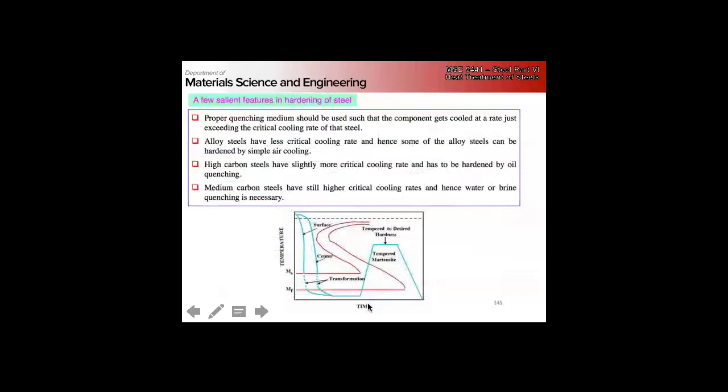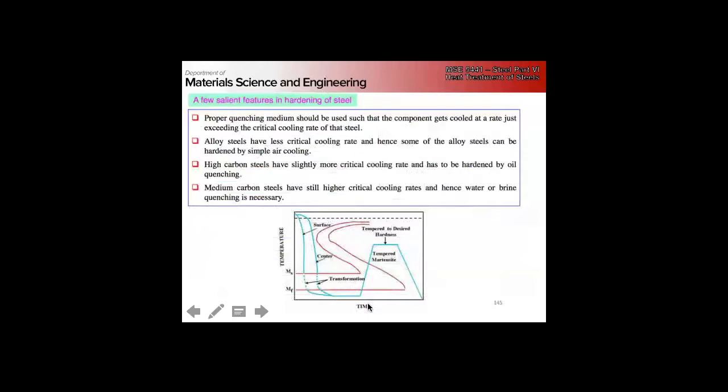The BCT structure itself has no ductility. We can't move any dislocations. It's very difficult to move dislocations through the tetragonal structure. The stresses are just too high. So it's this balancing game.